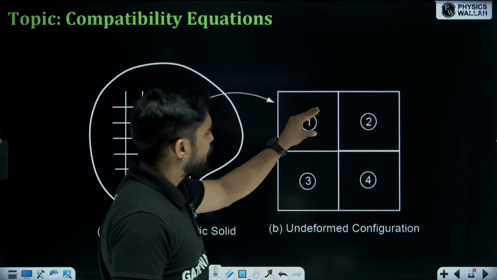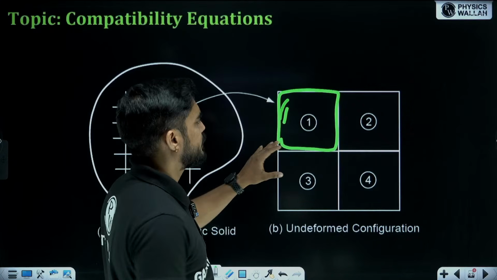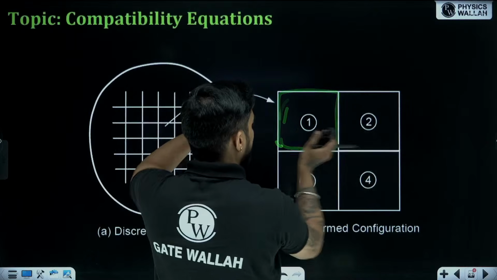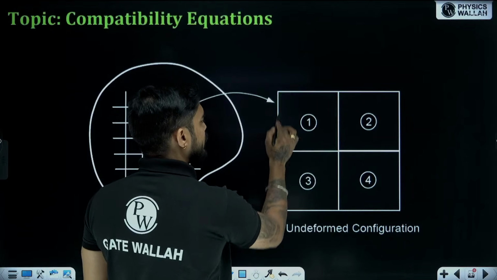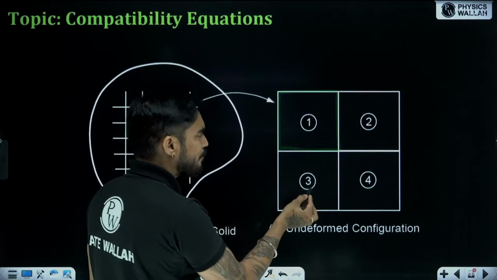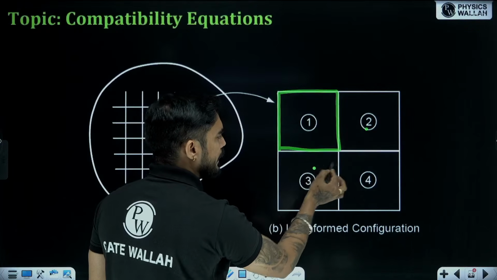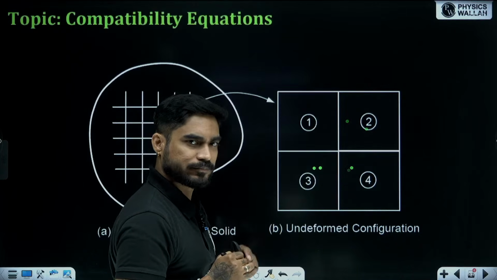If you deform element number 1, let's say you are stretching it in x direction and in y direction, it will disturb element number 2, 3 and 4 as well, because it is connected to them.